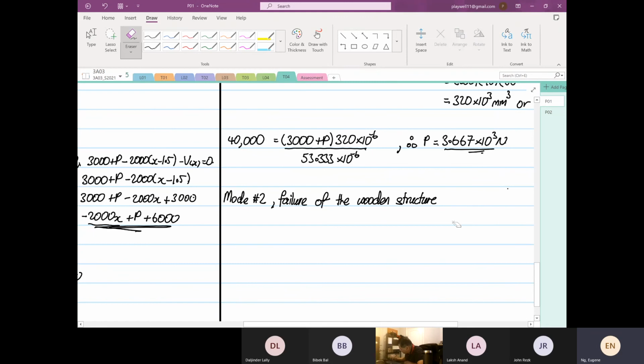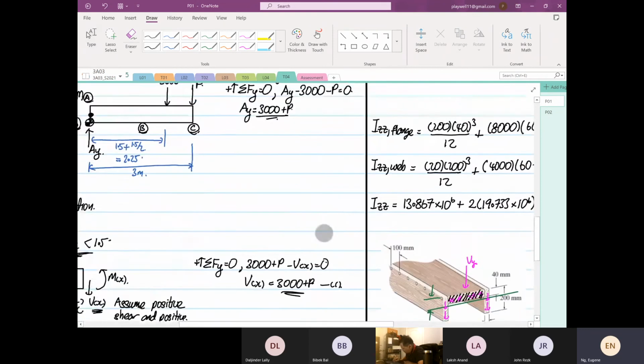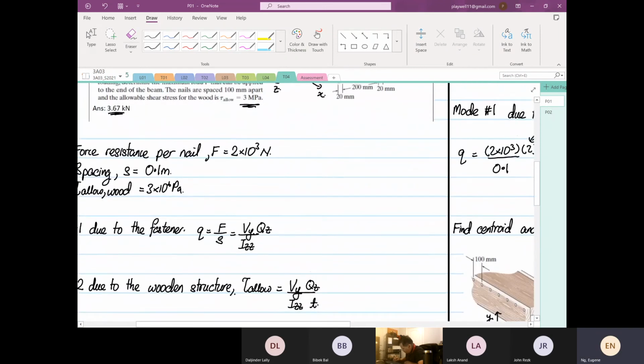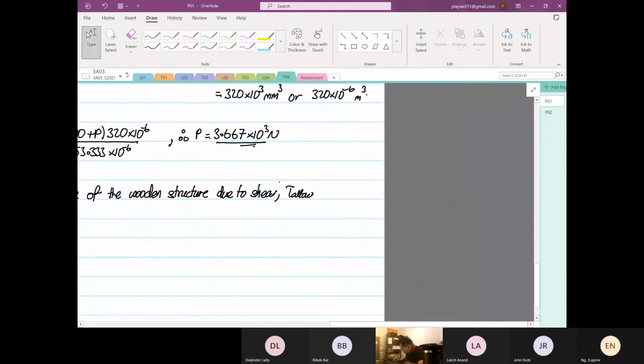Okay, due to shear. So the shear allowable, right, will be equal to what? The shear allowable for our case is equal to, where was it? 3 times 10 to the power 6. Okay.